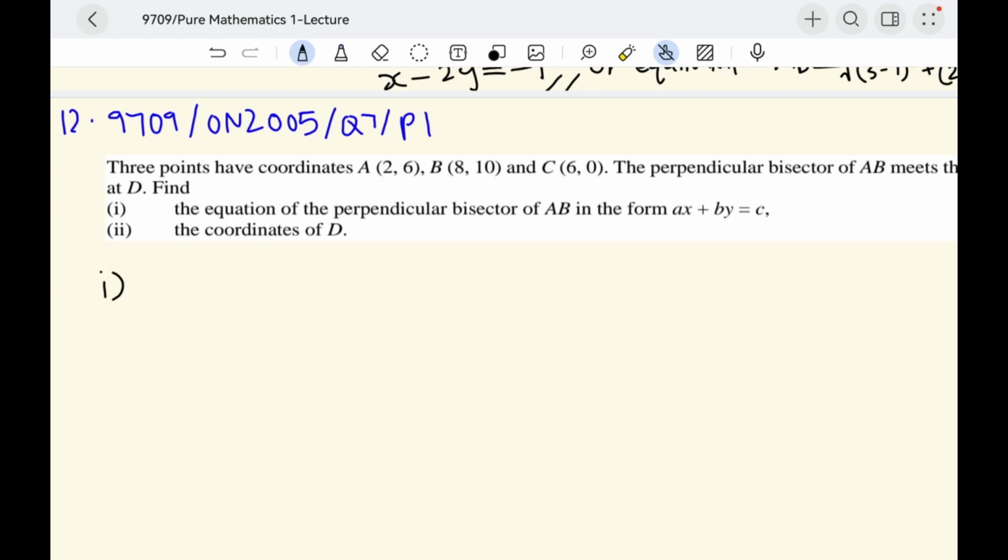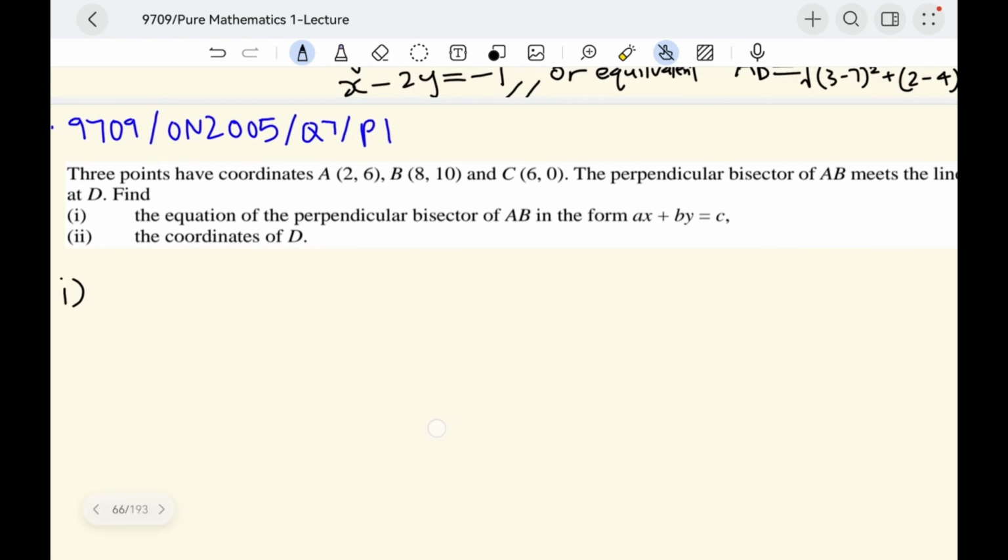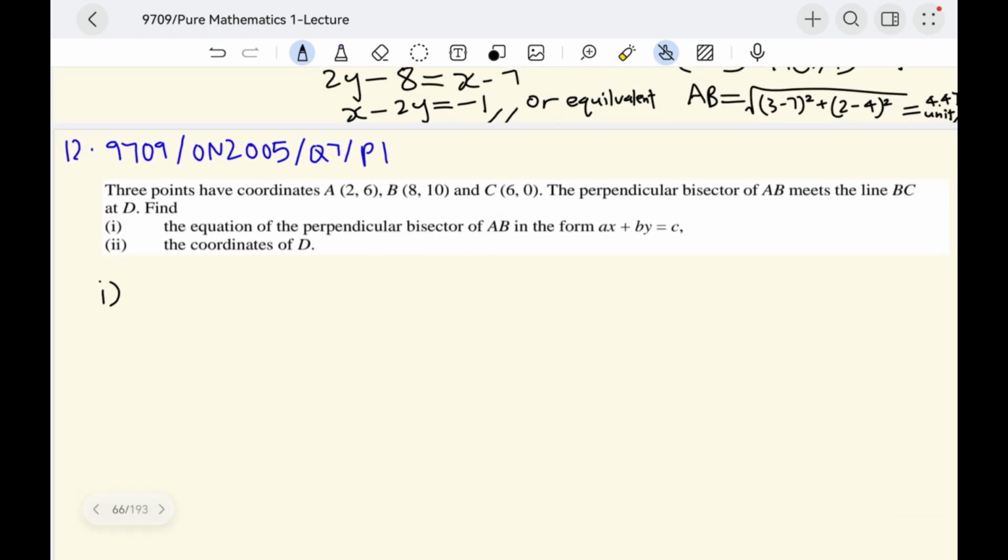How do we find the equation of a perpendicular bisector? First of all, the bisector refers to bi. What does bi mean? The midpoint, meaning that each side is equal.